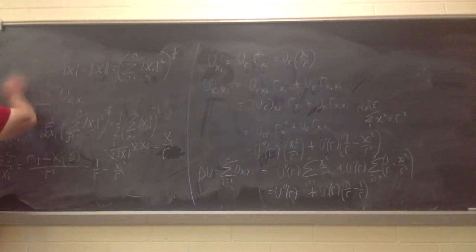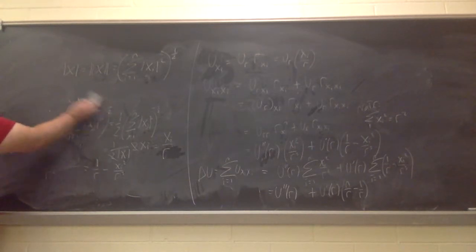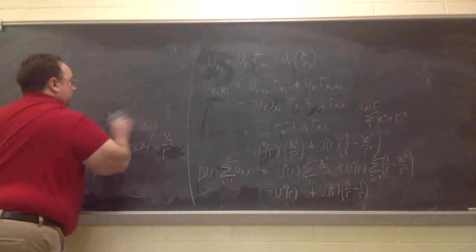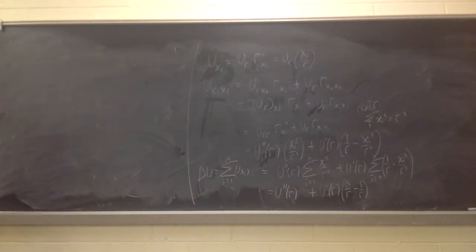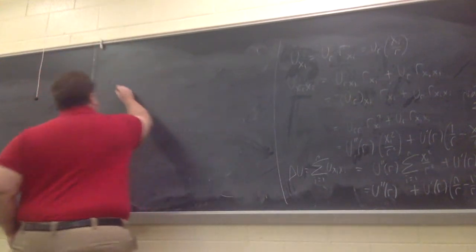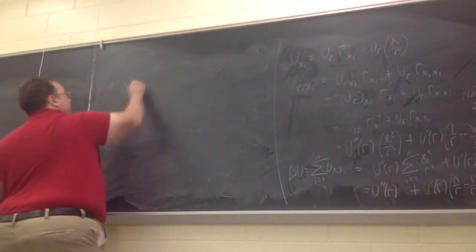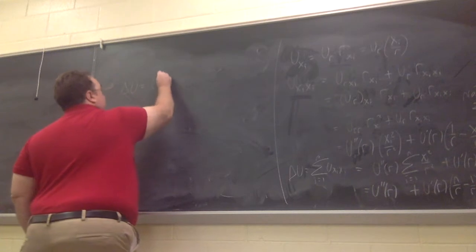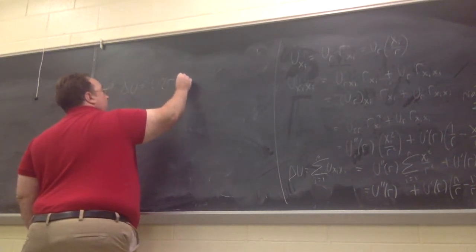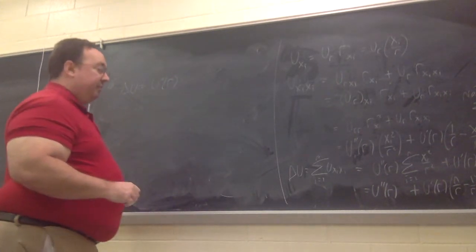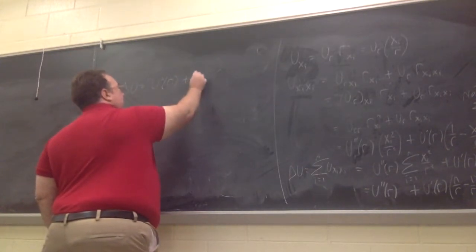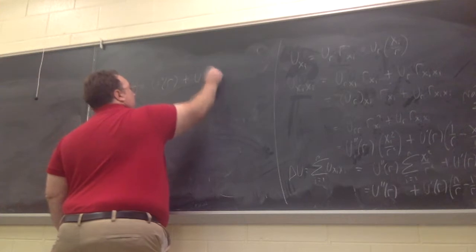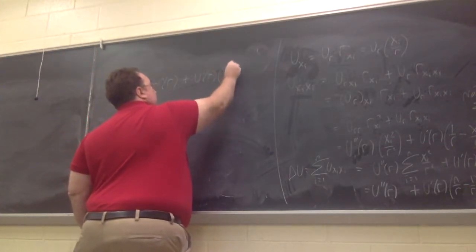So the Laplacian of u is, to summarize, u double prime of r times 1, plus u prime of r times n minus 1 over r.